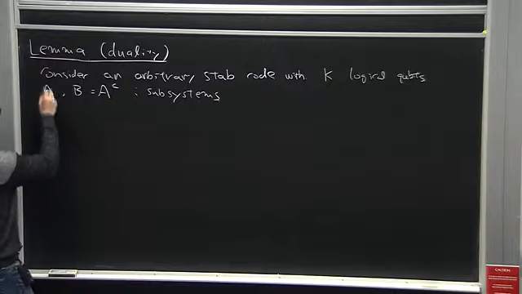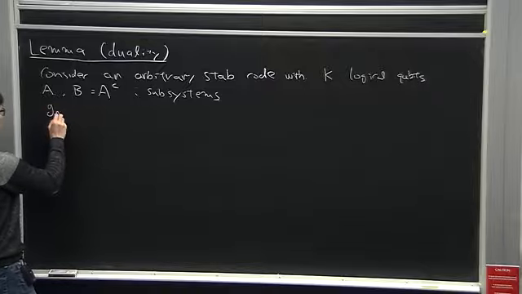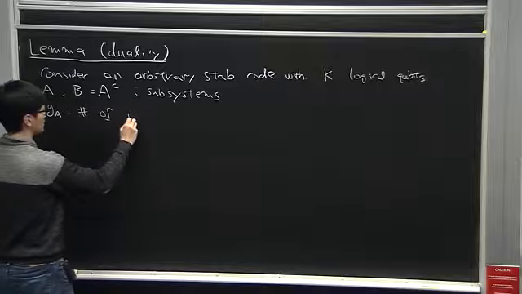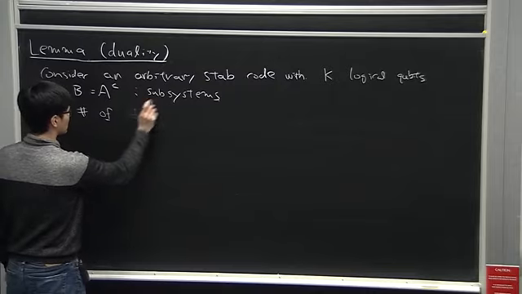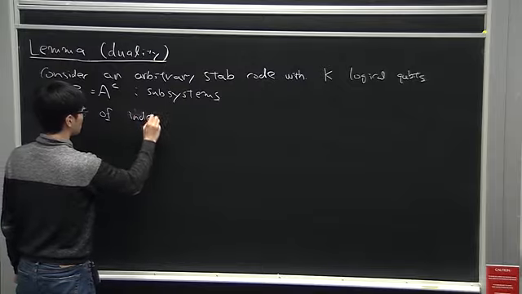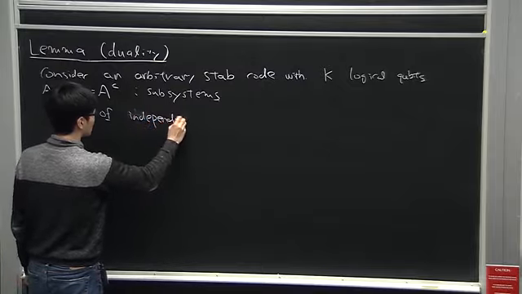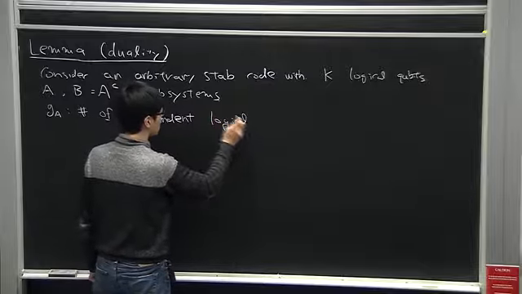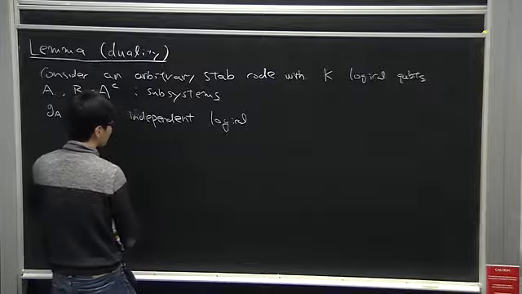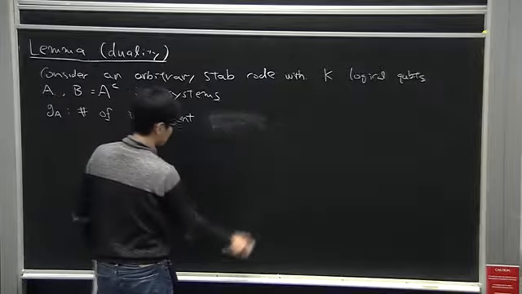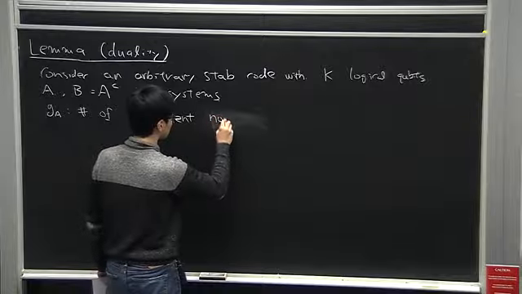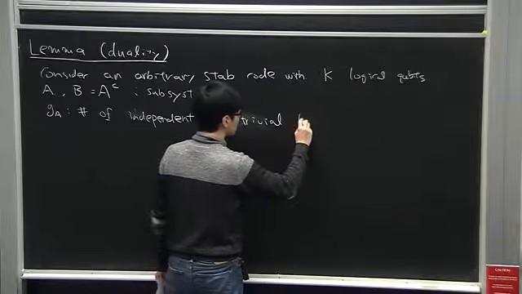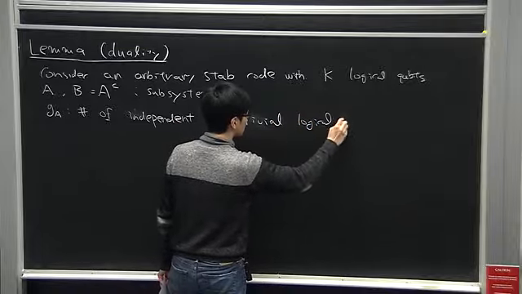And we're going to define G_A to be the number of independent non-trivial operators.